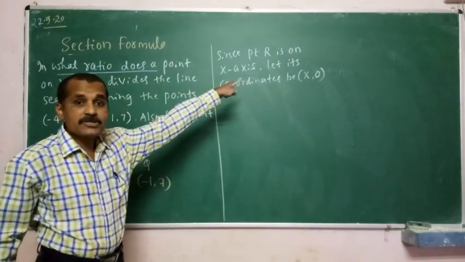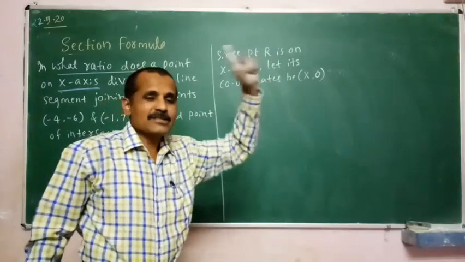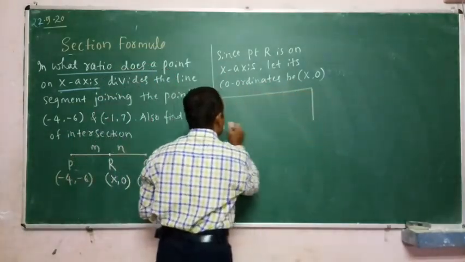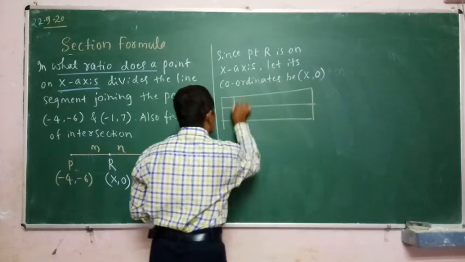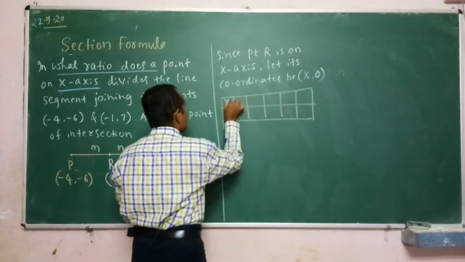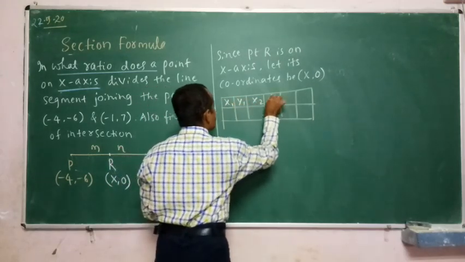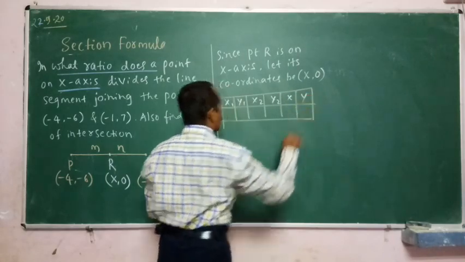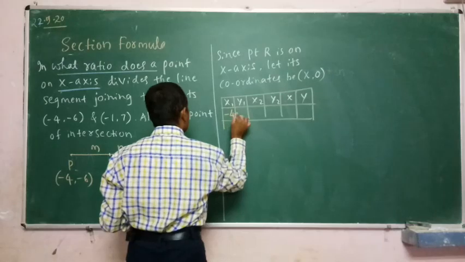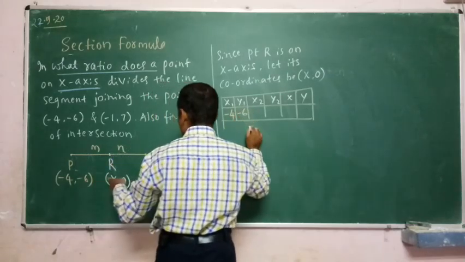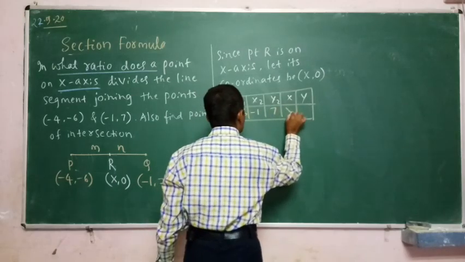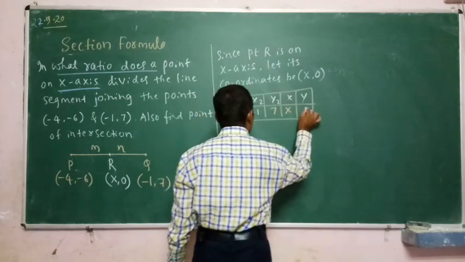This has to be kept in mind: whenever the point is on the x-axis, its y coordinate is 0. Now we can go for a table and write all the values in that. Let me write x1, y1, x2, y2, x and y. x1 is -4, y1 is -6, x2 is -1, y2 is 7. x remains x only, and y value is 0.